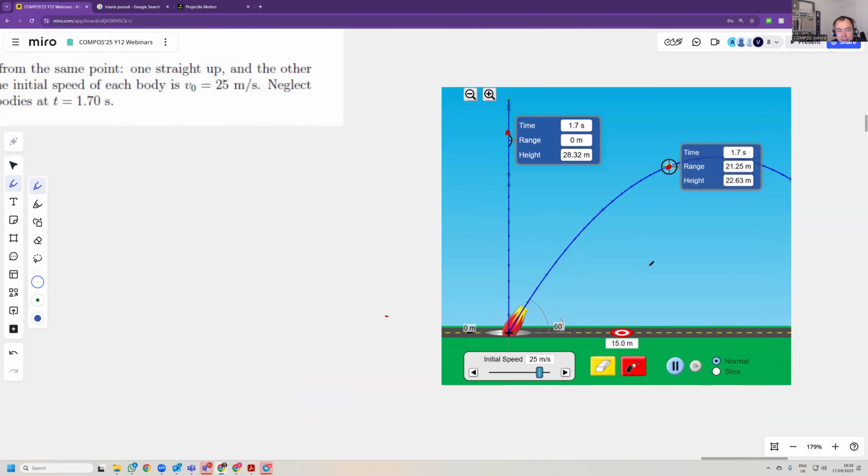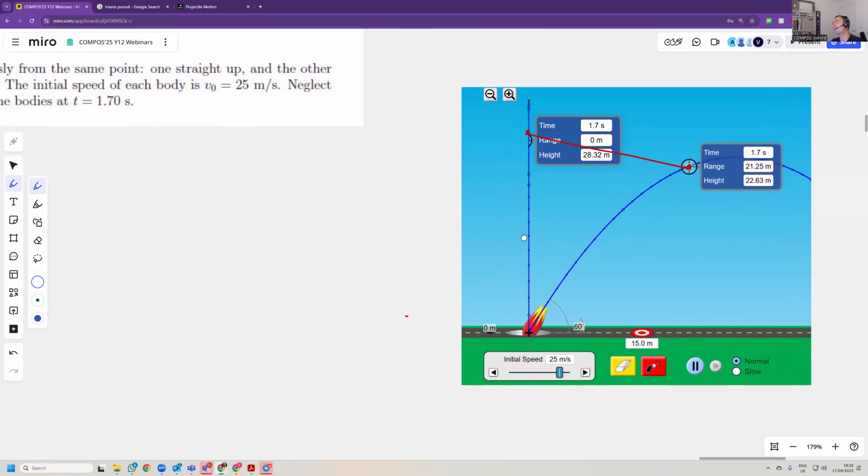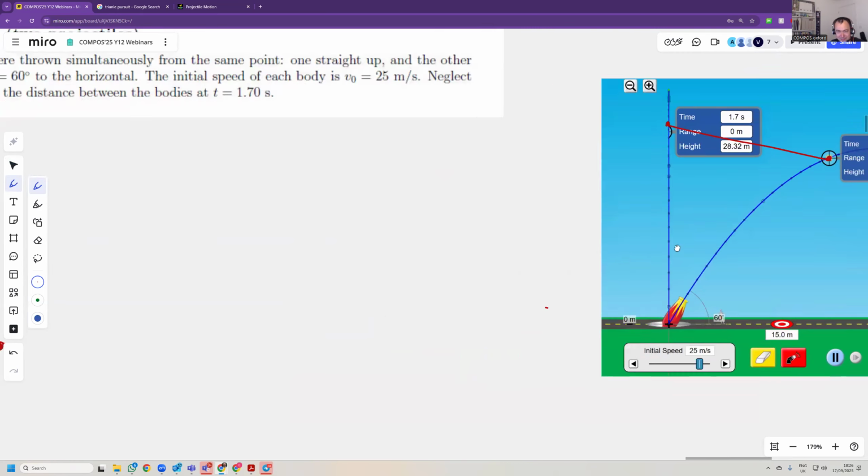And we need to find that distance. Or we can kind of calculate it from here. But I'm going to do it in a slightly more formal way.